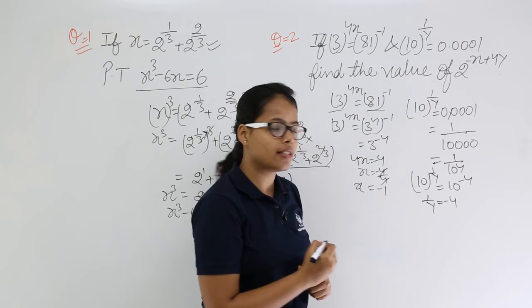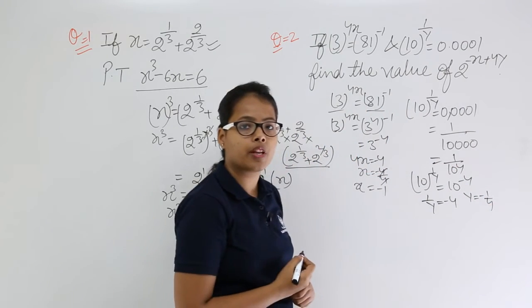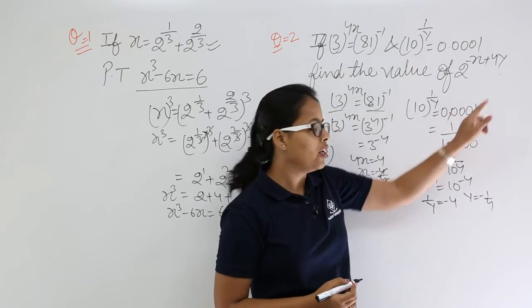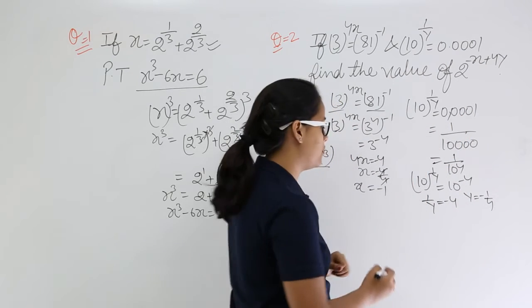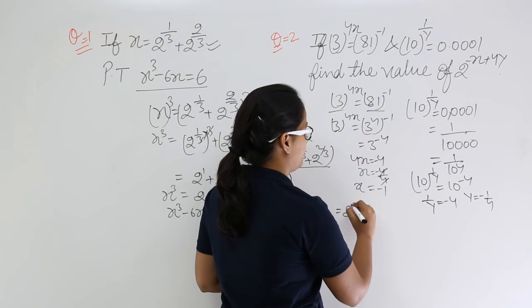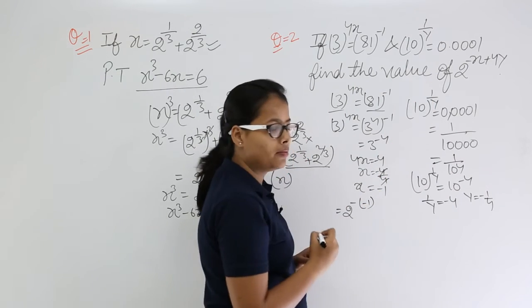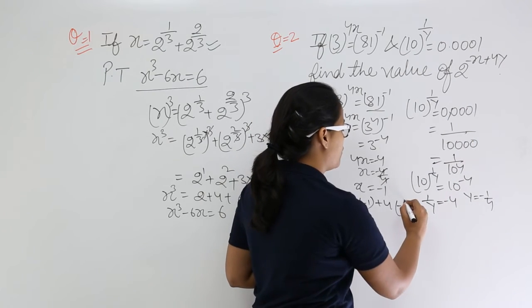So the value for y will be minus 1 by 4. Now as you need to find the value for this expression, you are going to put the values of x and y here. The value for x is minus 1 plus 4, and the value for y is minus 1 by 4.